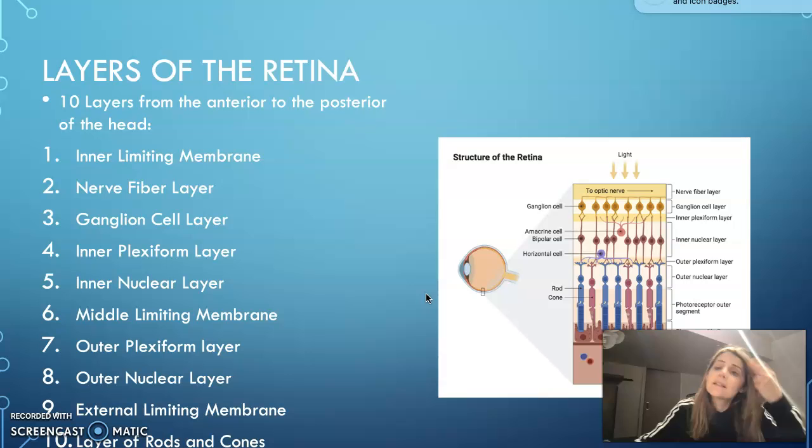Now, the retina has so many different layers to it. Specifically, there are 10 different layers to the retina, which are listed and shown in this image right here.